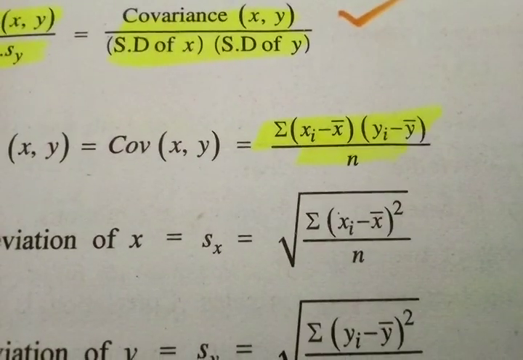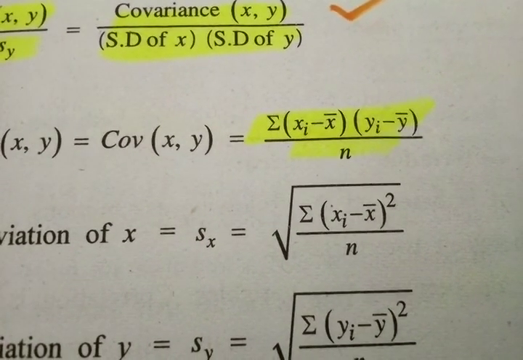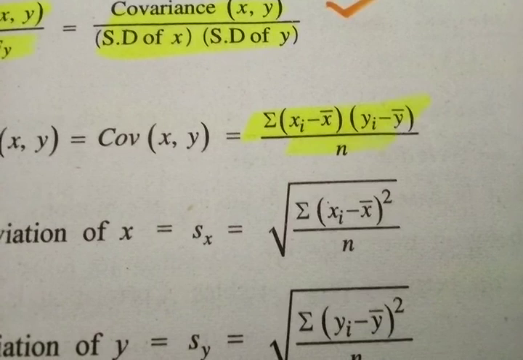And what is covariance? Covariance means sigma x minus x bar into y minus y bar upon n. Okay, that is a covariance.